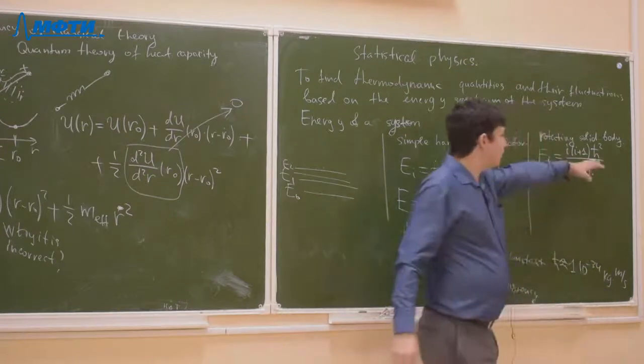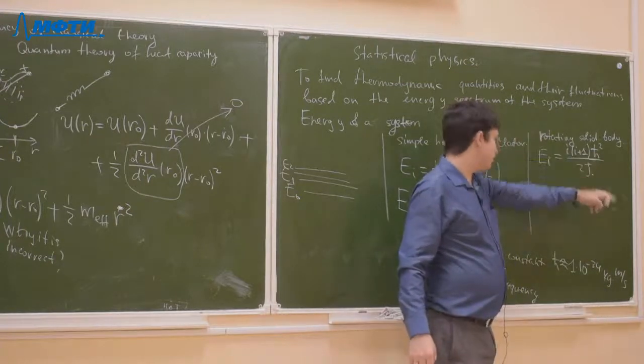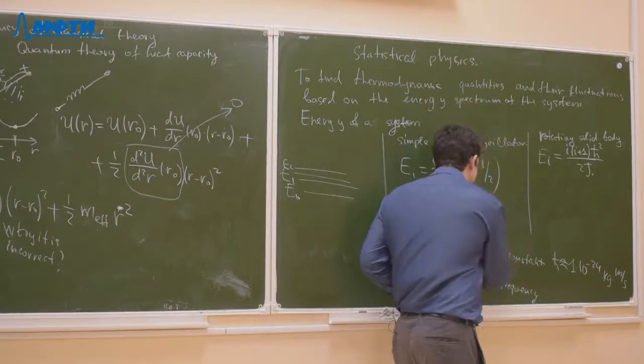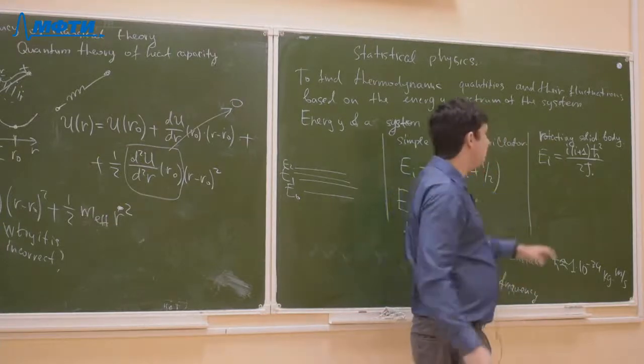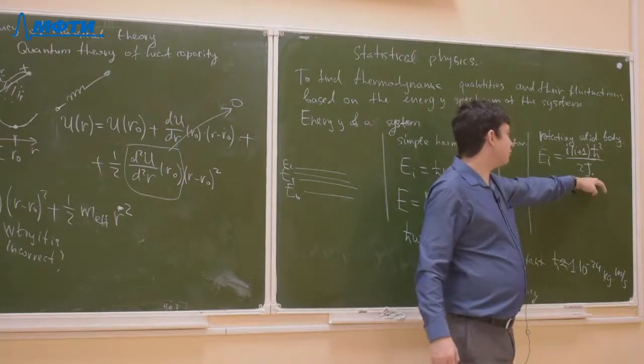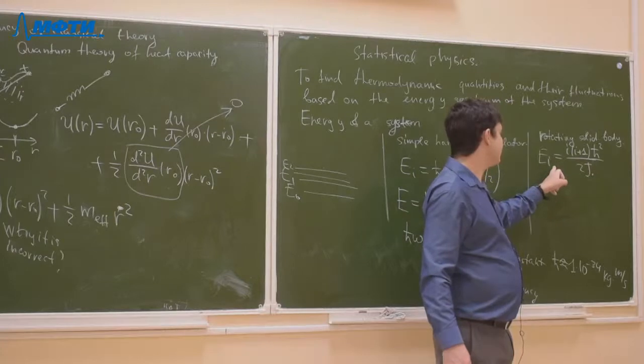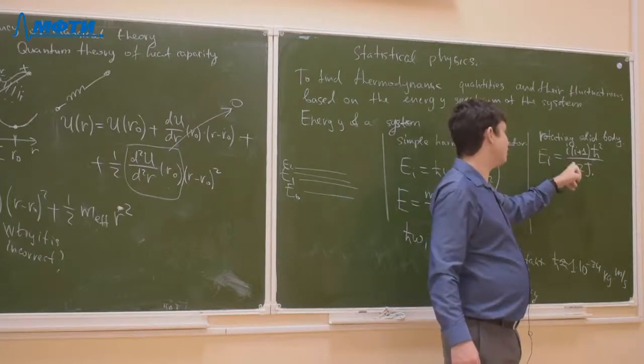Here, ħ is Planck's constant as was introduced previously. G is the moment of inertia, and i is any integer number starting from 1.